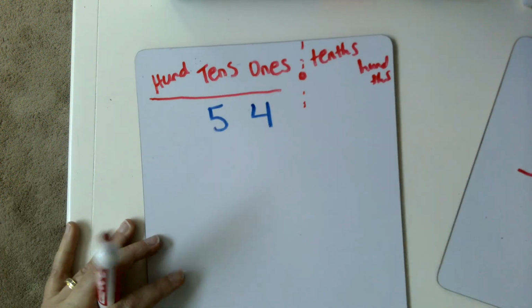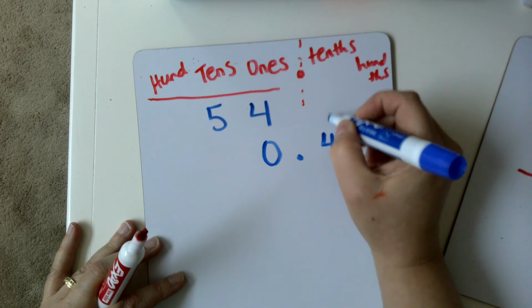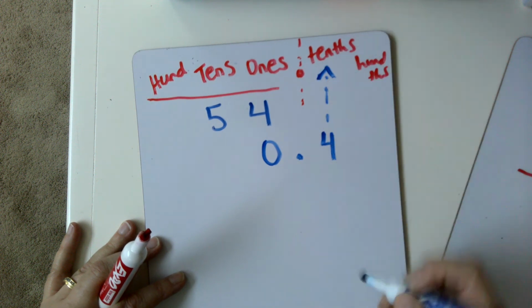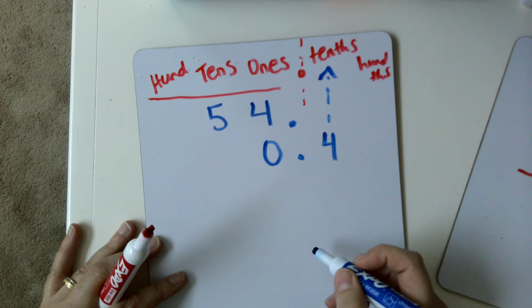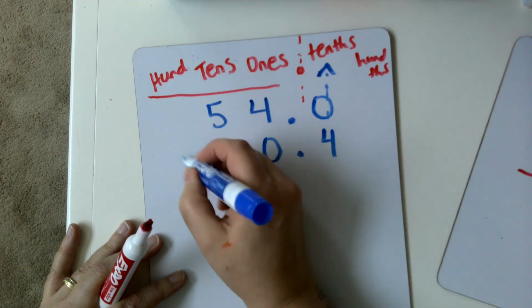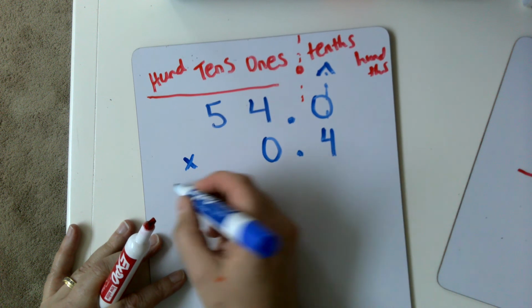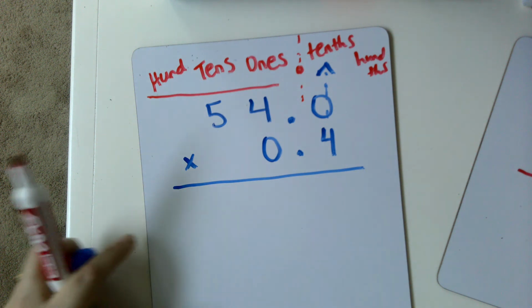So let's put that in. 0 whole, but we have a decimal 4 in our tenths place value. So we know that 54 is like that, 54.0 as well, if the kids need to fill that in. Now we can multiply this out with the same routine that I just taught you. But we need to refer to this as our decimal.